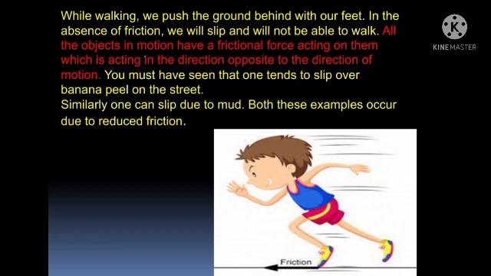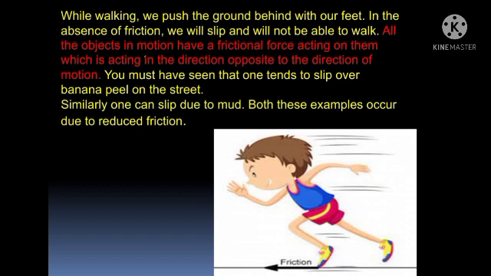So, while walking, we push the ground behind with our feet, and because friction is present, we can move further. There is interlocking between the ground surface and our feet. In the absence of it, we will slip and will not be able to walk.